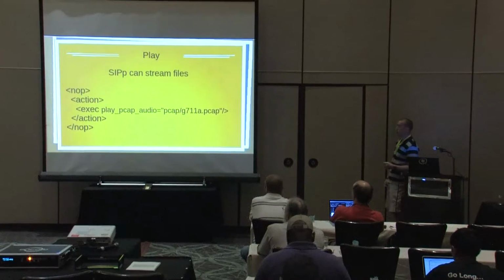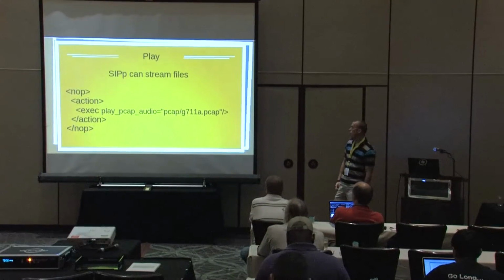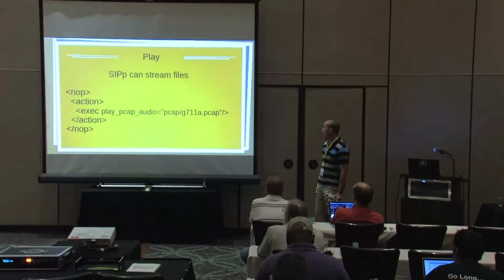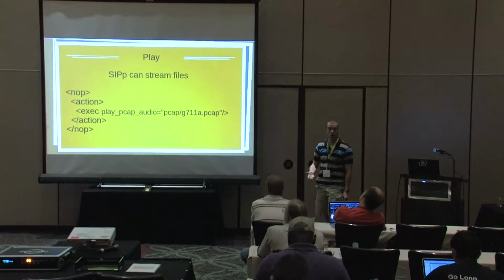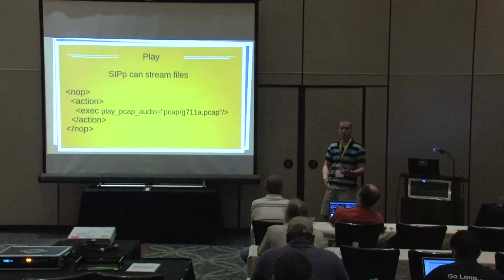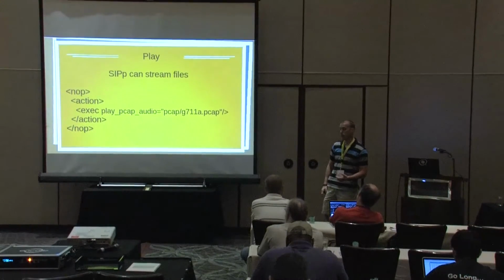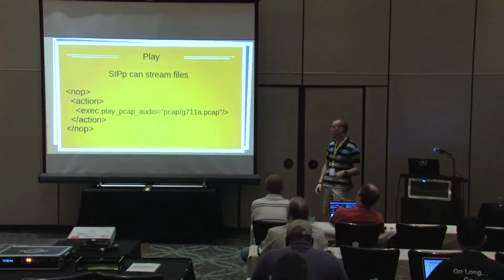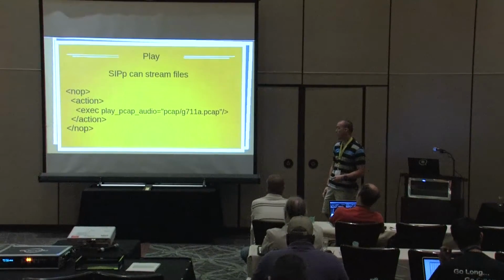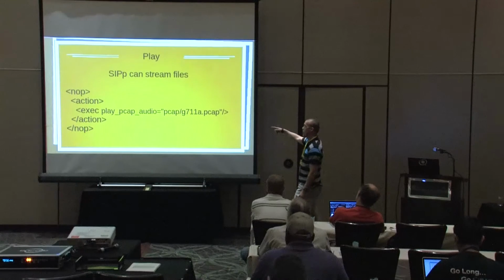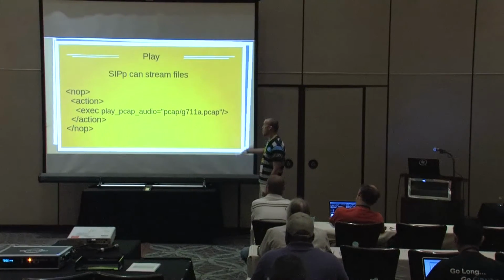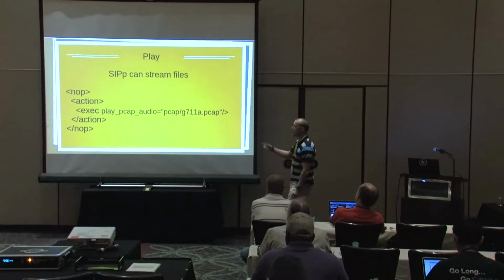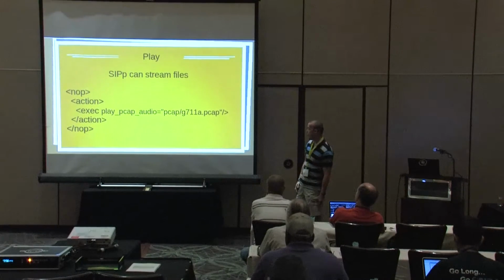SIPp can generate any RTP flow as well. I never particularly use that because I'm mainly involved at the SIP stack and SDP stack, so it's not my day job to take care of the RTP itself. But for example, you can specify any PCAP file, and you simply call exec PCAP audio.